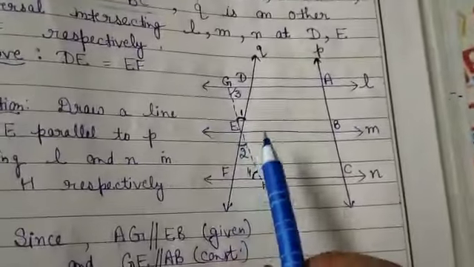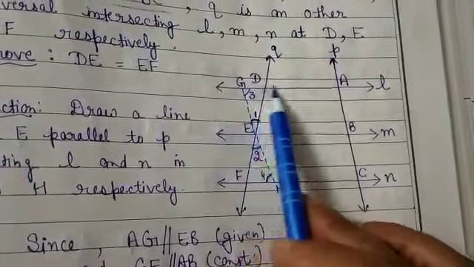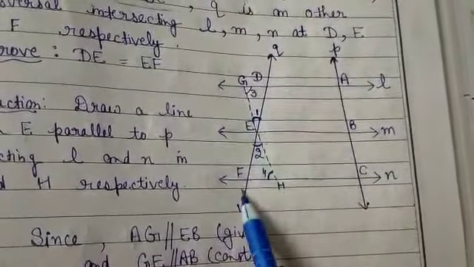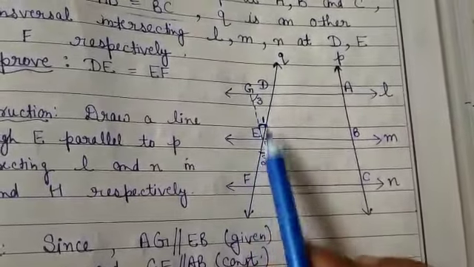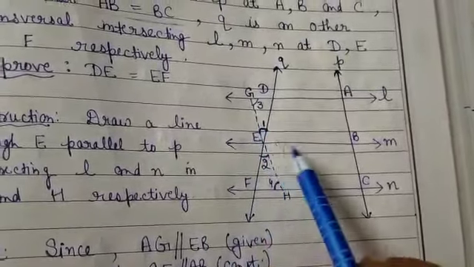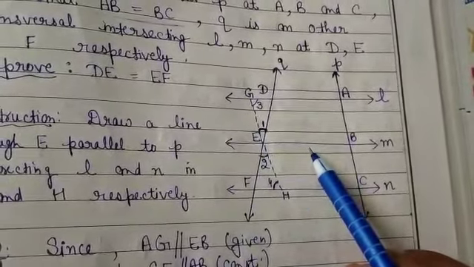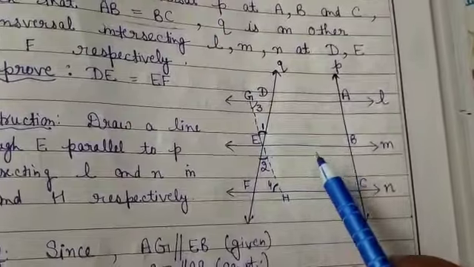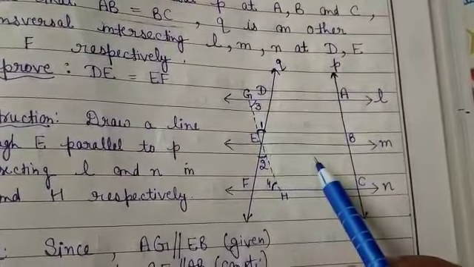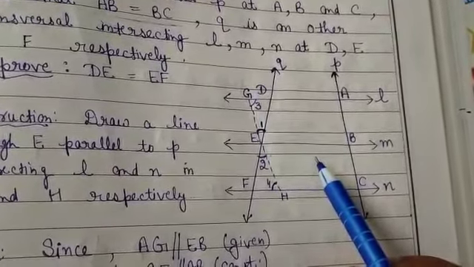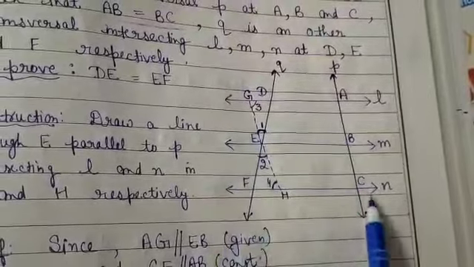Now students, we will take two triangles, triangle GED and triangle EFH. In these two triangles, we will show that they are congruent. How? Angle 1 equal to angle 2? Yes, vertically opposite angles. Then angle 3 equal to angle 4? Yes, alternate interior angles are equal because these two lines are parallel.